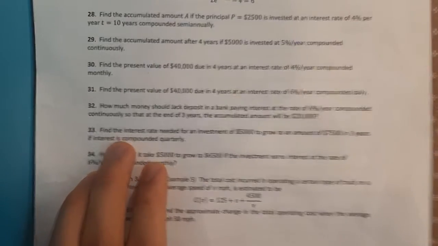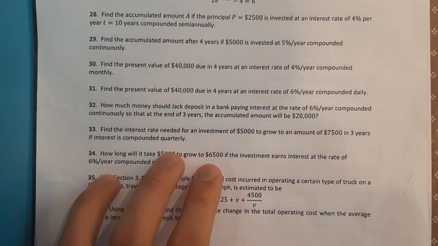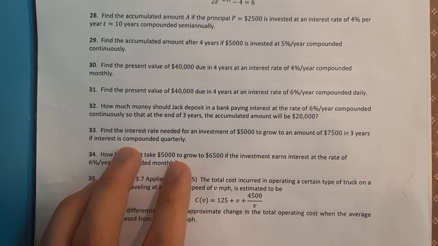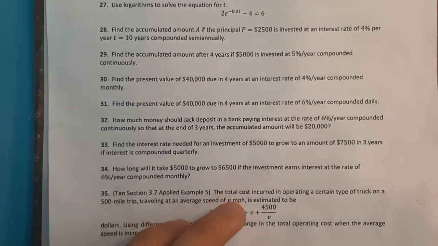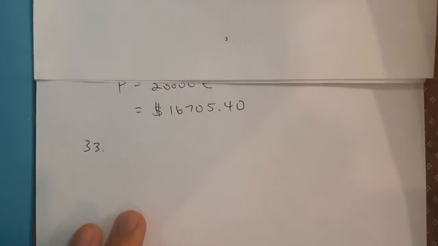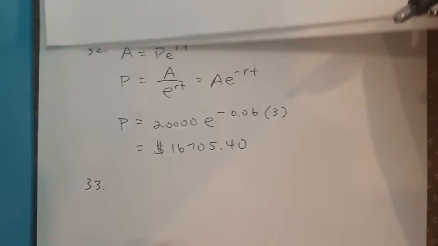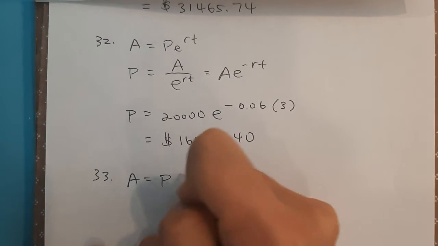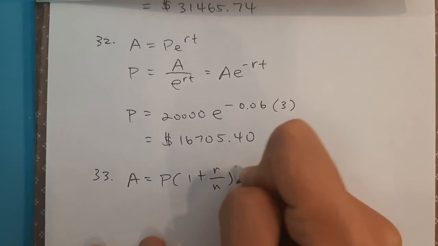Find the interest rate needed for an investment of $5,000 to grow to an amount of $7,500 in 3 years if interest is compounded quarterly. So it's compounded quarterly, so that means we're going to use A equals P (1 plus r over n) to the nt.